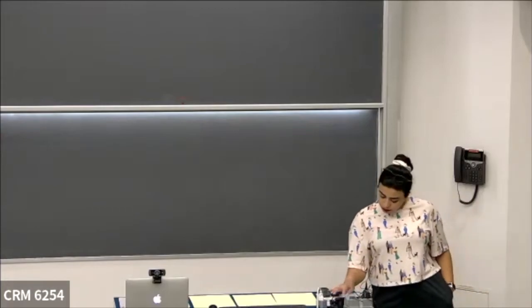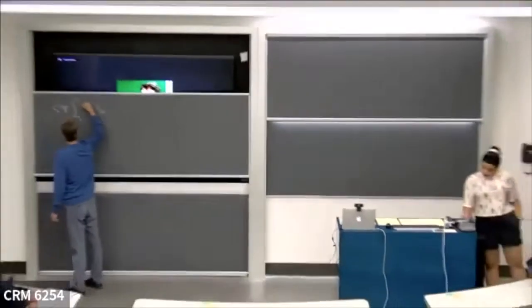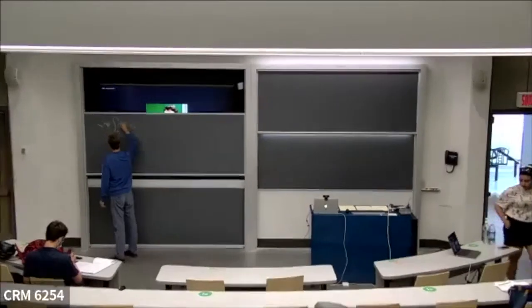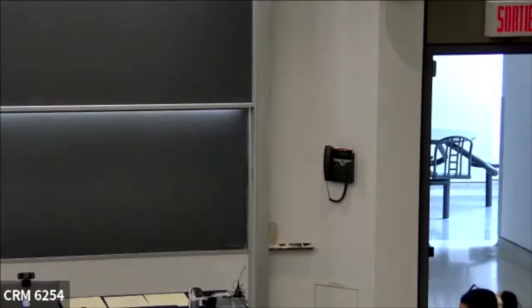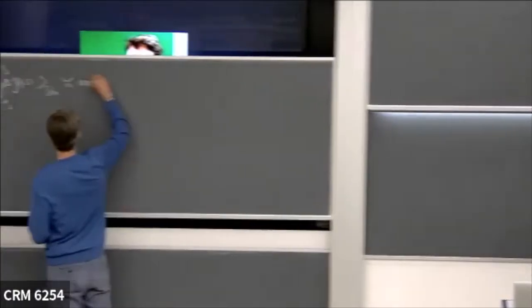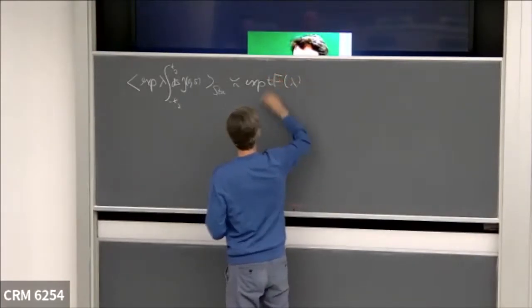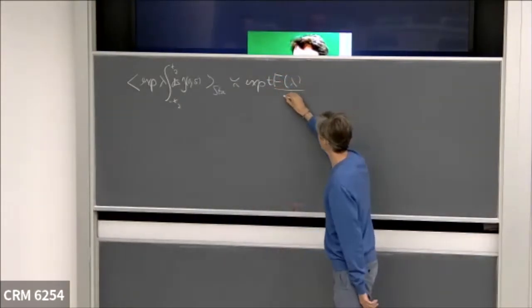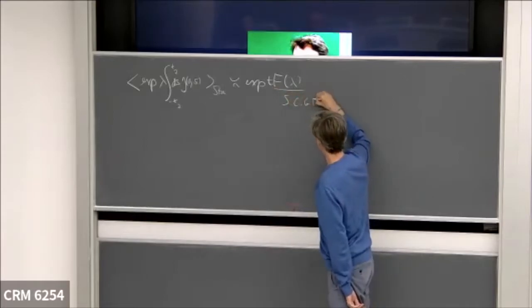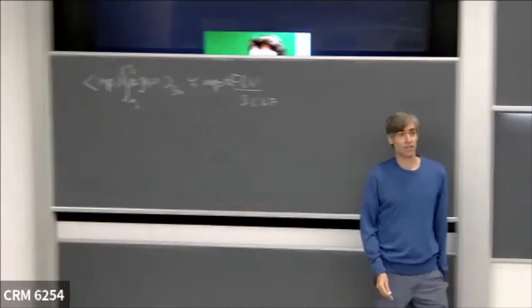This goes like the exponential of the function F of lambda times t. This function is called the scaled cumulant generating function.